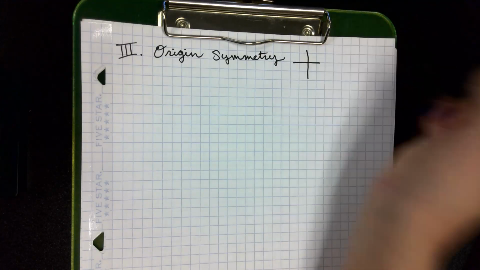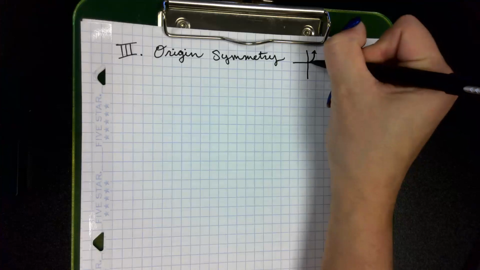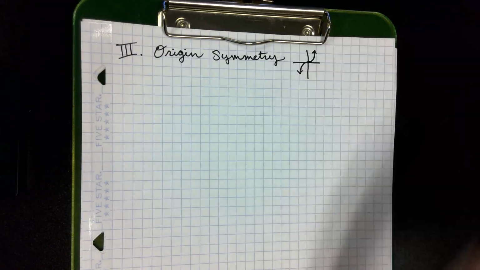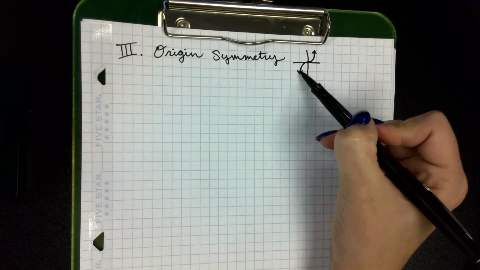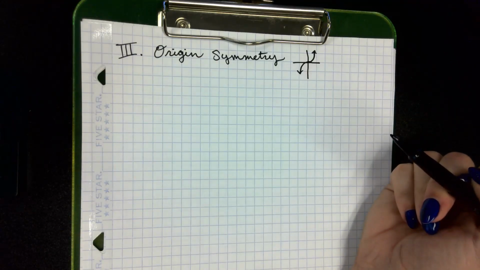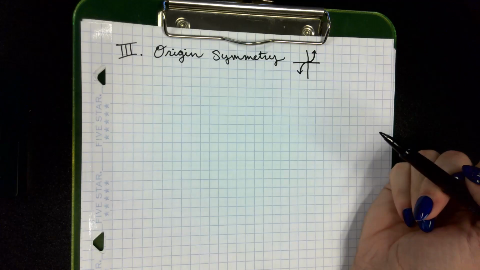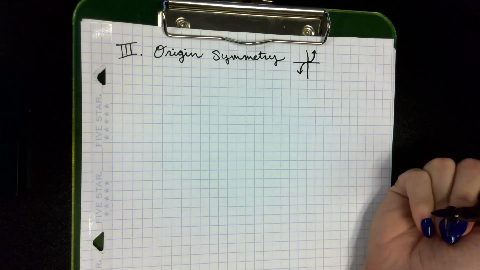And it could look like other stuff too. This is just 2. You have that. If you take quadrant 1 and you rotate it around to quadrant 3, that is rotational. It rotates about the origin, and you have origin symmetry.